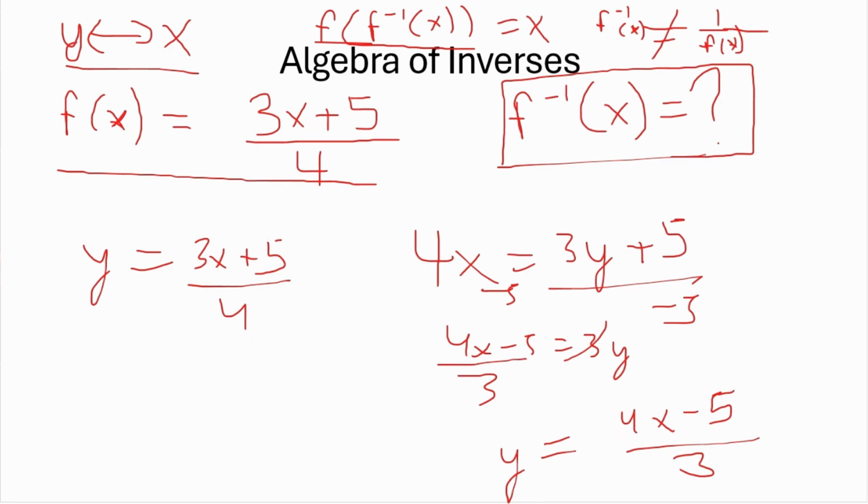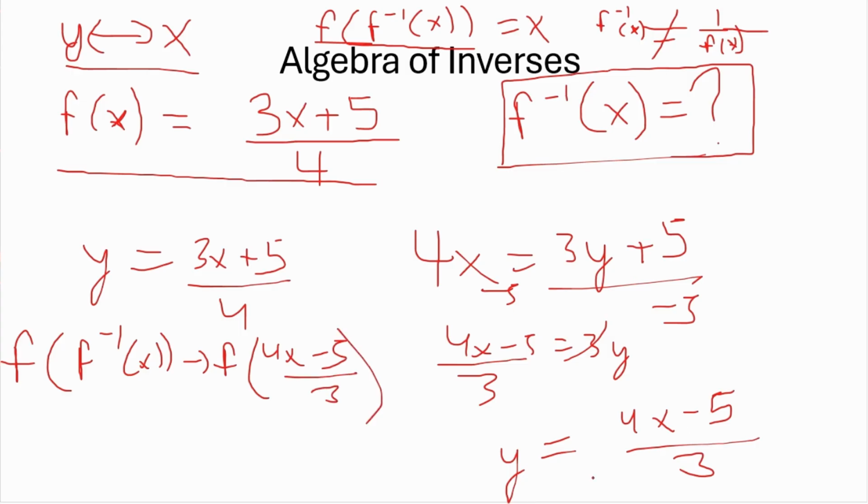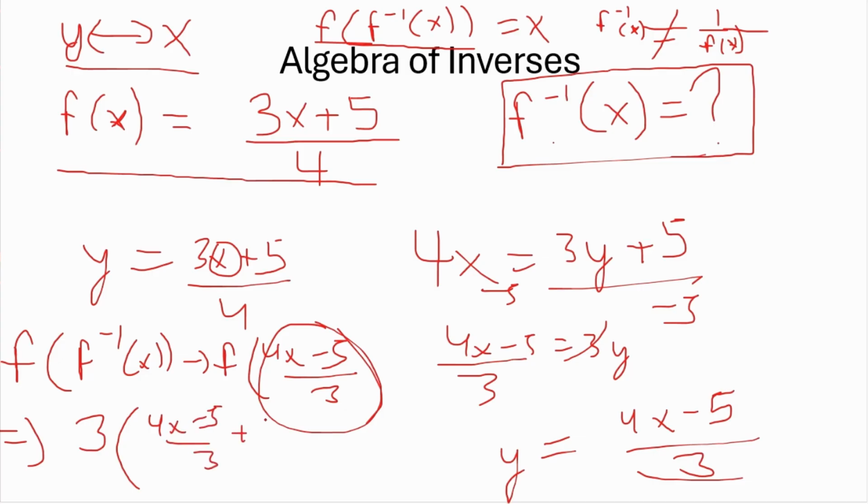So let's try that. f of f inverse of x becomes f of (4x minus 5) over 3, because this was our f inverse. We just plug that in. If you plug this in instead of the x here, you get 3 times (4x minus 5) over 3, plus 5, over 4.